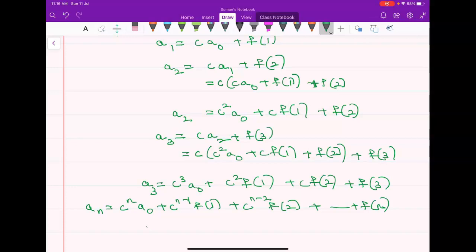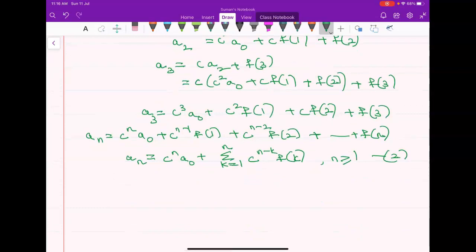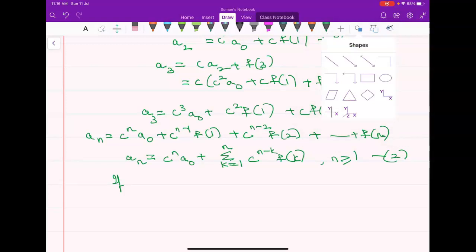So we could write it as c raised to n a0 plus summation k taking value 1 to n of c raised to n minus k f of k, where n is greater than or equal to 1. This is your a_n. And we'll call this equation 2. We'll come back to this later.